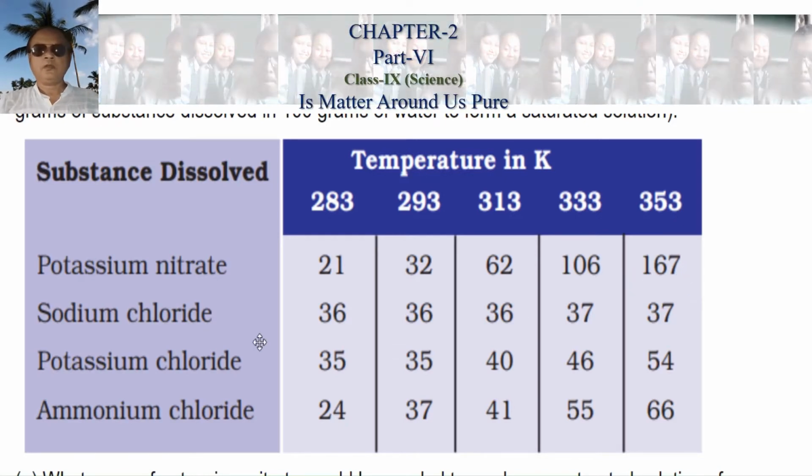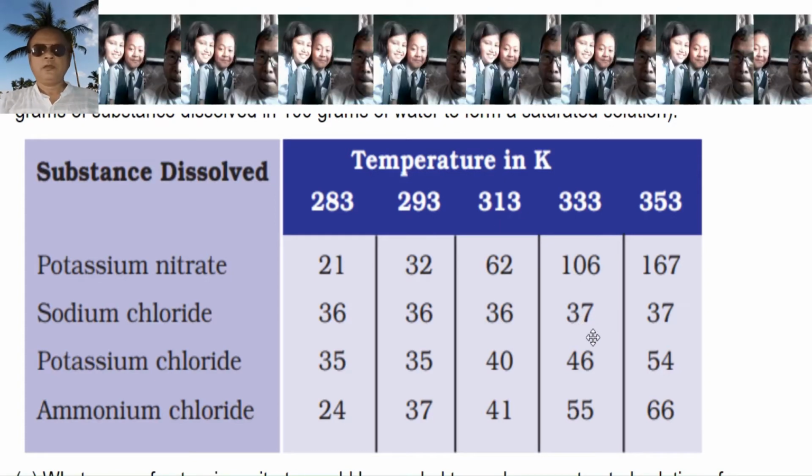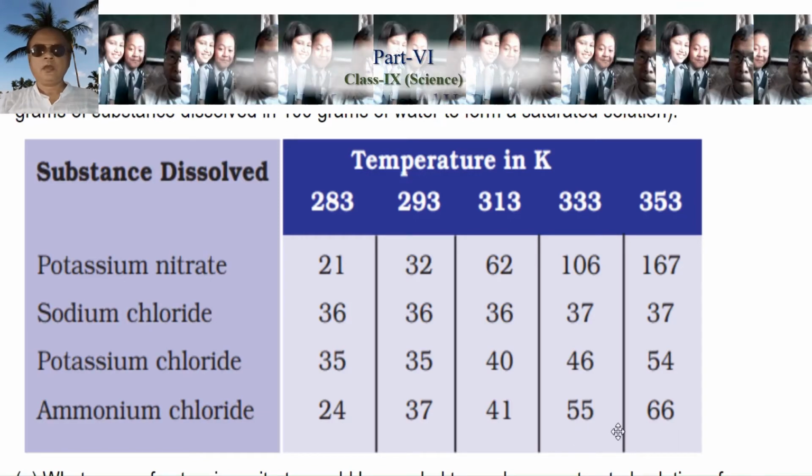Sodium chloride also: 36 at 283, 36 at 293, 36 at 313, and 37 at 333, and 353 also 37. Potassium chloride: 35, 35, 40, 46 and 50. Ammonium chloride: 24, 37, 41, 55 and 66.